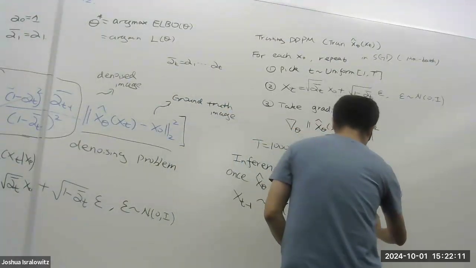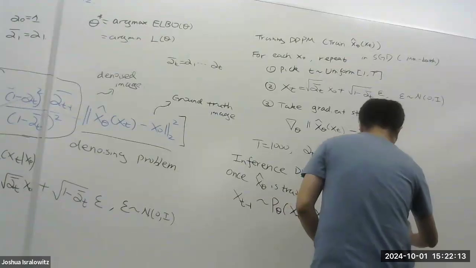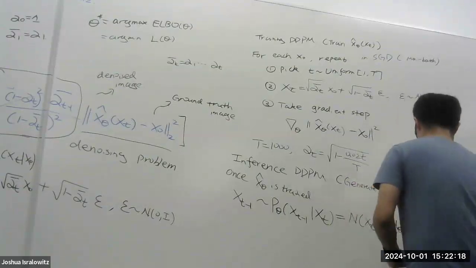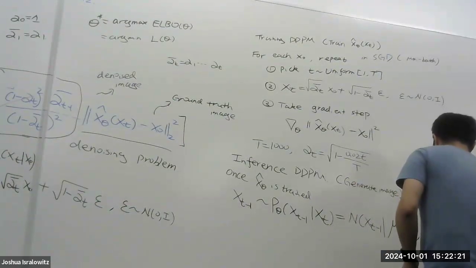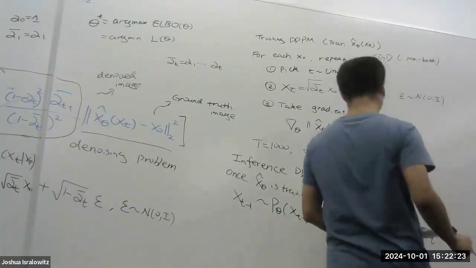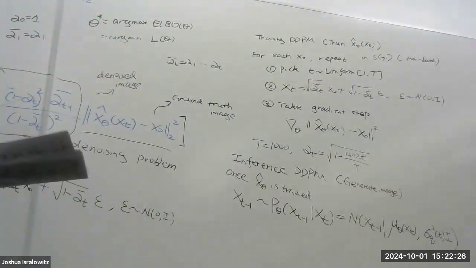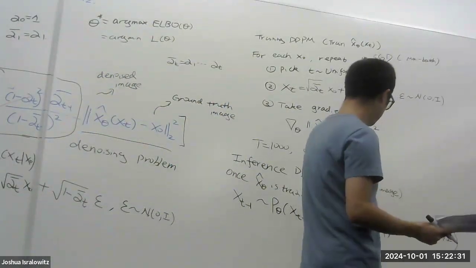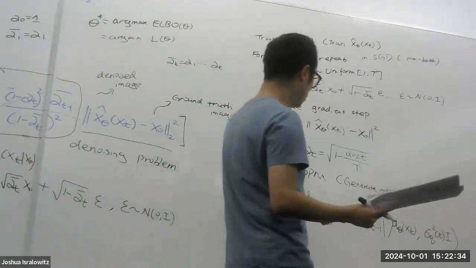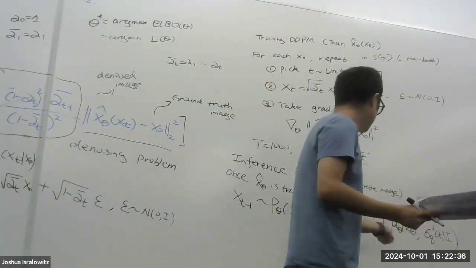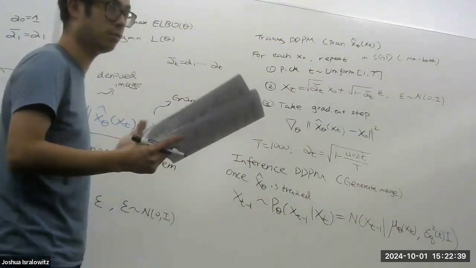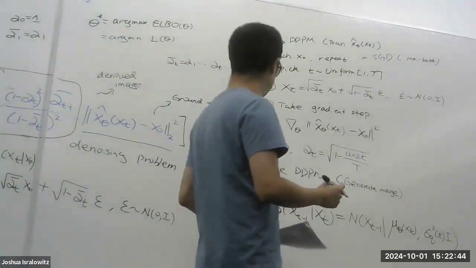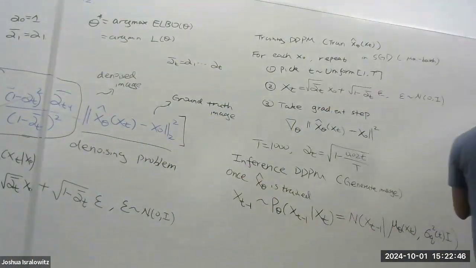This is a normal distribution with mean mu theta of xt and variance sigma squared. Basically, if you know xt, then you can sample xt minus 1. Then you put this xt minus 1 right here to sample xt minus 2. Then gradually you can move from capital T to 1. Okay, so this is the whole idea, but the steps are as follows.